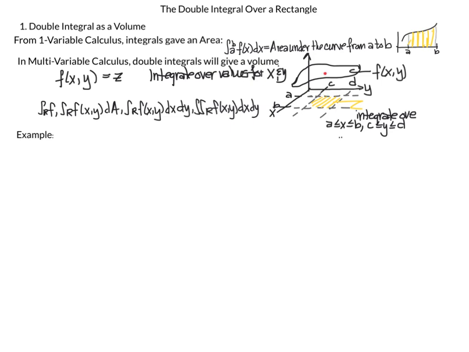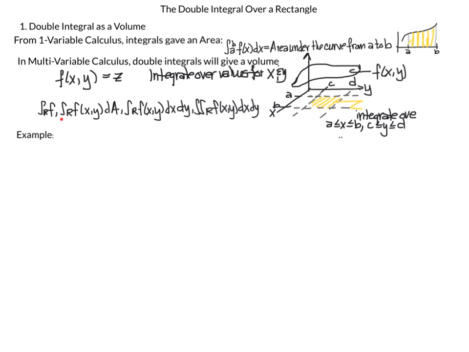When we evaluate the integral, we look at the heights z over our rectangular domain and add them up. Essentially, we're going to get the volume under the surface f of x, y over the rectangle in the xy plane.